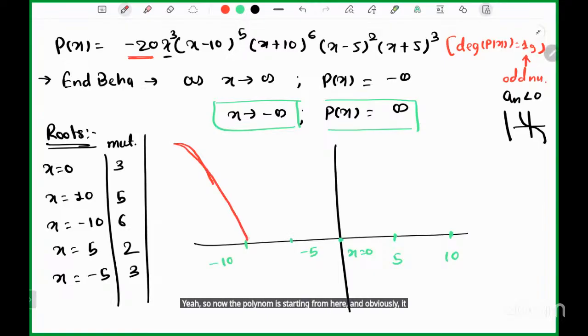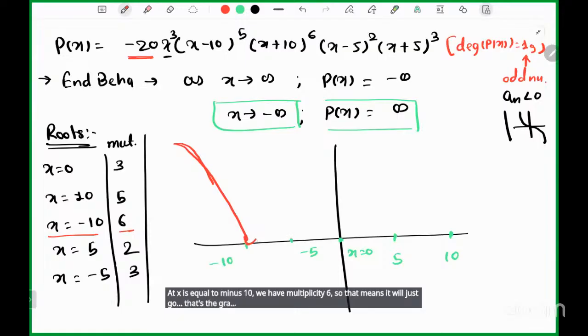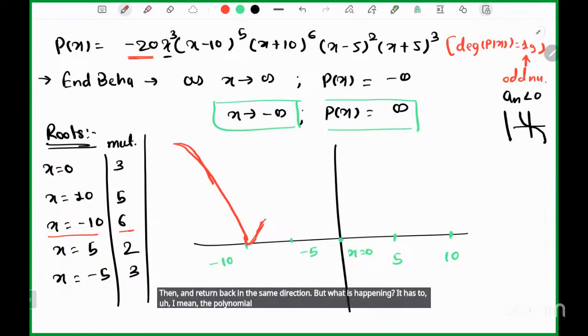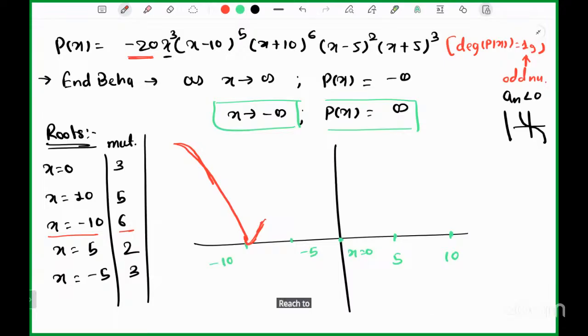Now the polynomial is starting from here, and it will reach x equals minus 10. At x equals minus 10, we have multiplicity 6, so it will just touch the point x equals minus 10 and return back in the same direction. But the polynomial should also reach x equals minus 5, which is a root with multiplicity 3.